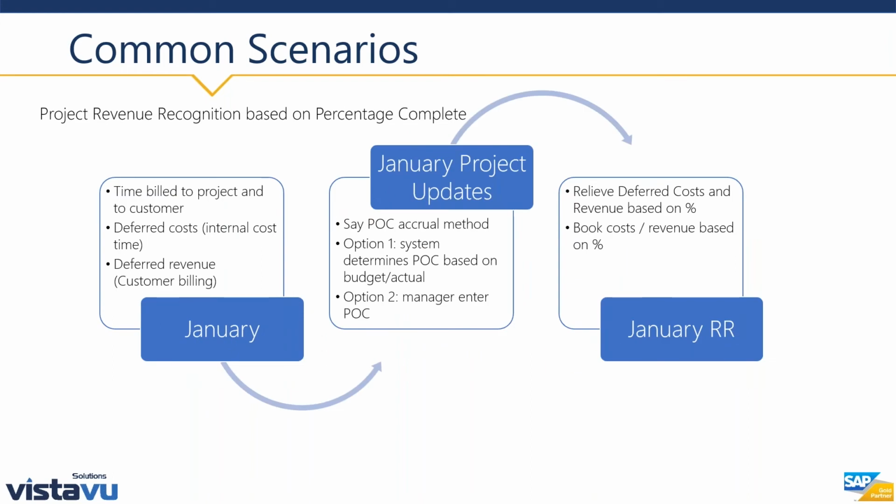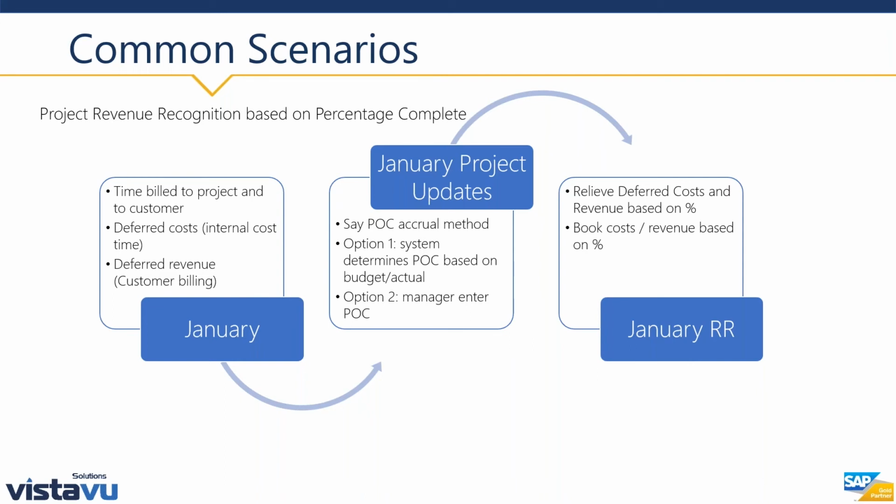So project revenue recognition based on percentage complete. There's quite a few different ways to manage revenue recognition between project accounting. Project accounting is very complex in SAP ByDesign, so I would definitely say these scenarios start to get into a lot of challenges, a lot of complexity, but here's one that's fairly straightforward.